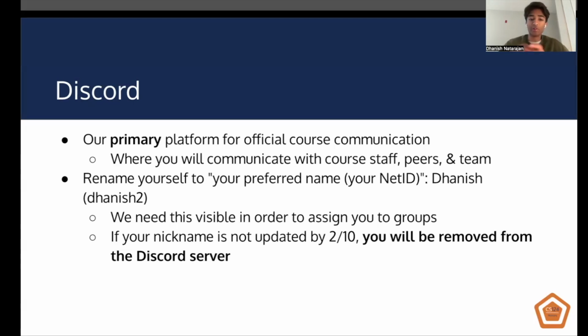So this would be your preferred name and then net ID in parentheses. So for example, my name is Dhanish. So I would rename myself to Dhanish and then Dhanish2 in parentheses because that's my net ID. And we need this in order to assign you to groups. And if your nickname isn't updated by February 10th, then you will be removed from the Discord server. So please do this as soon as possible.